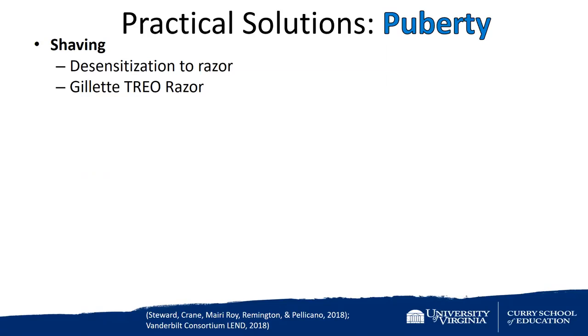The Gillette company has also made a new razor in the last year, where it allows the caregiver to shave the individual in a much easier fashion than before. It has a different handle and a slightly different angle of the blade to make the shaving experience easier on the caregiver and easier on the individual.